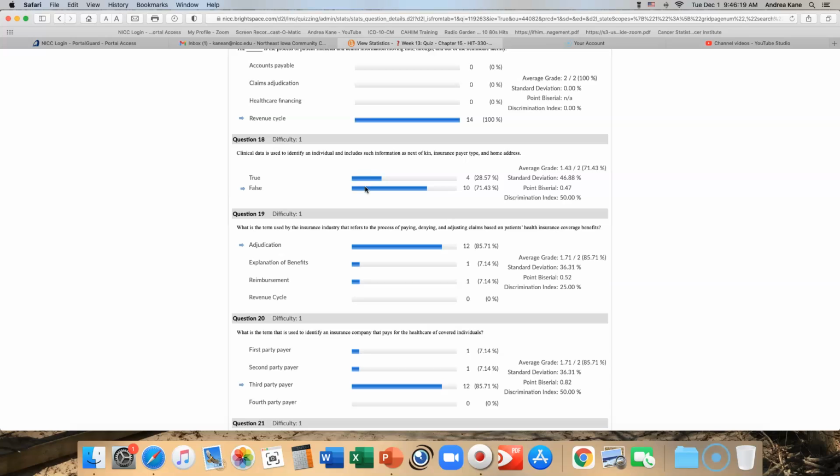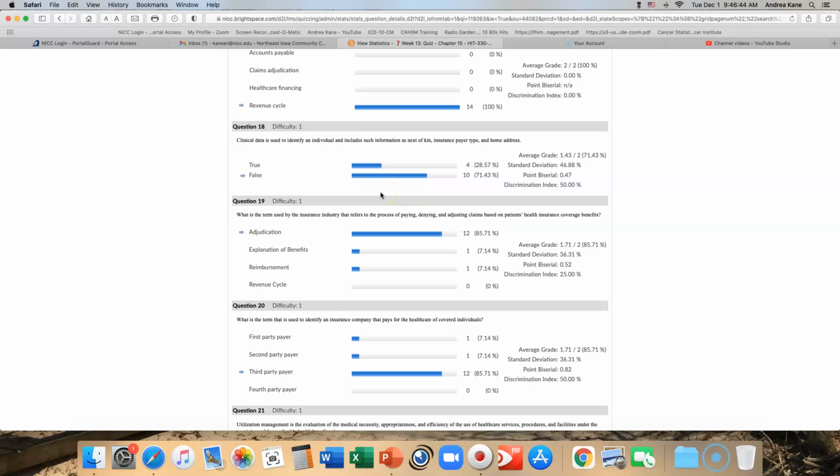That's why I expected you to have it at this point, and because we do talk about how demographic information is collected in the charge capture process. But you need to know that demographic information is not clinical data. So I will credit you if you had 18 wrong, simply because it wasn't in the chapter, but it's basic information I would expect you to know by now.